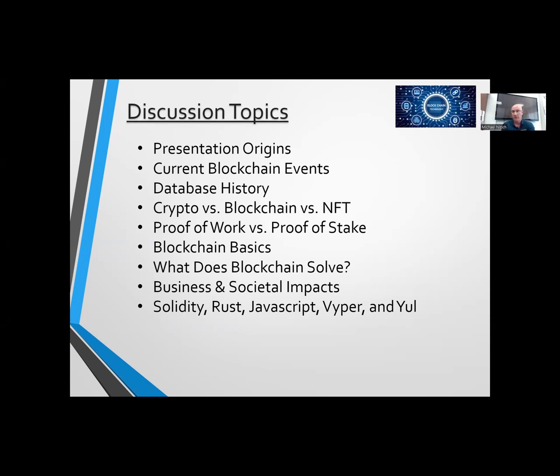And then we also talk, for those programmers in a computer science program who are interested in coding, about languages specifically designed around creating smart contracts: Solidity, Rust, JavaScript, Viper, and Yul are some of the languages available to students who are really into the coding end of things, so they can have a career path. Again, interest is about career paths for our students, on things they can do to carve out their place in the world.